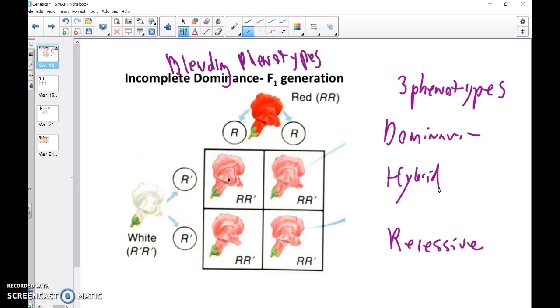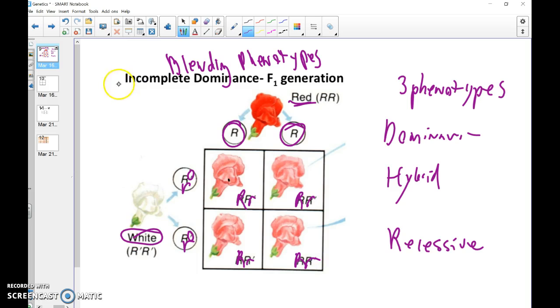So this is a red snapdragon, which is a plant where if you are homozygous dominant, like the example up top, you appear to be red. That's your phenotype. If you are homozygous recessive, and they're using a different little symbol here, but we could put little r and little r, you appear to be white. And what you'll see in here is that all of these are the heterozygous genotype.